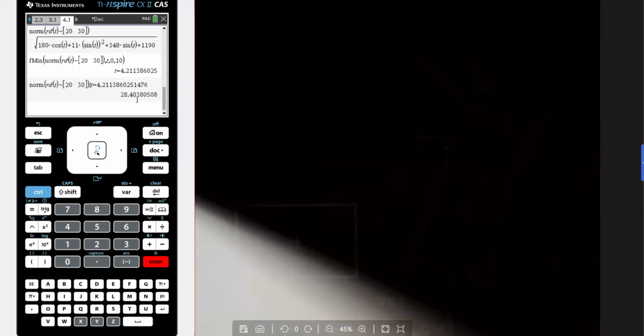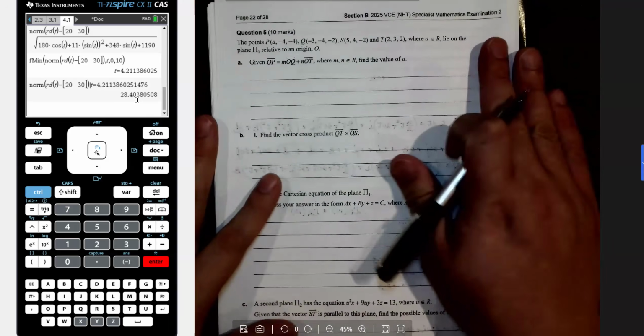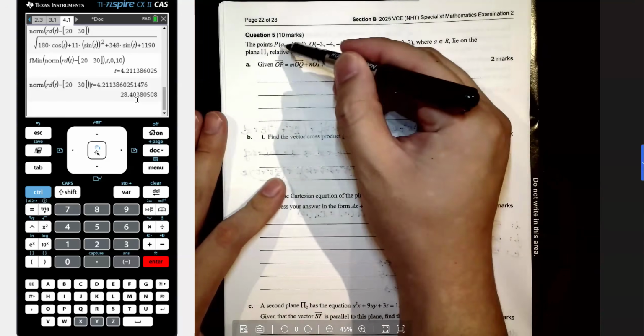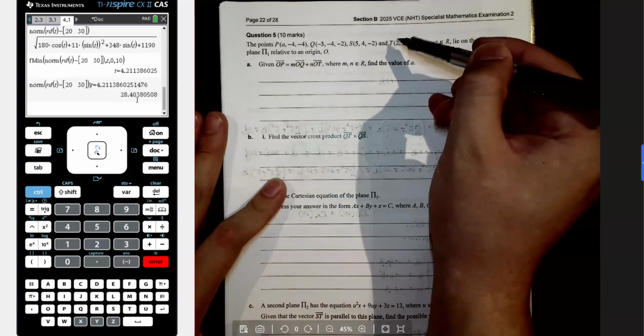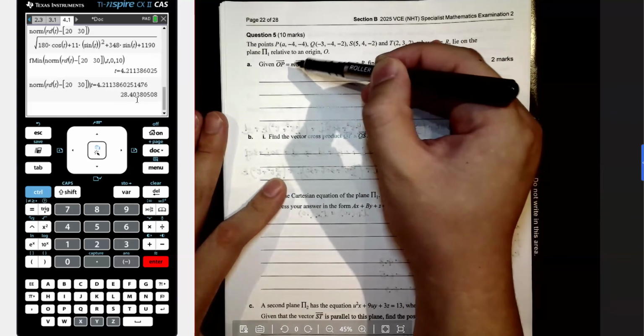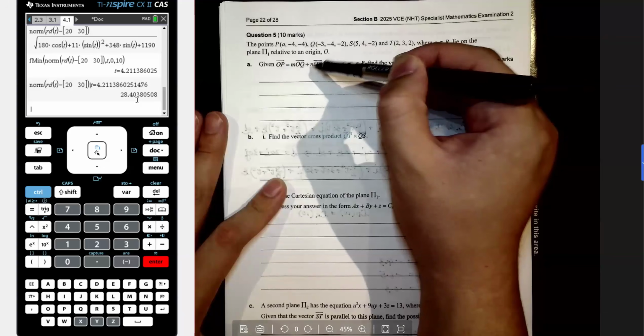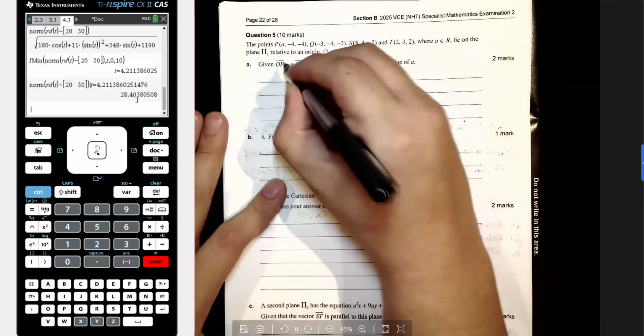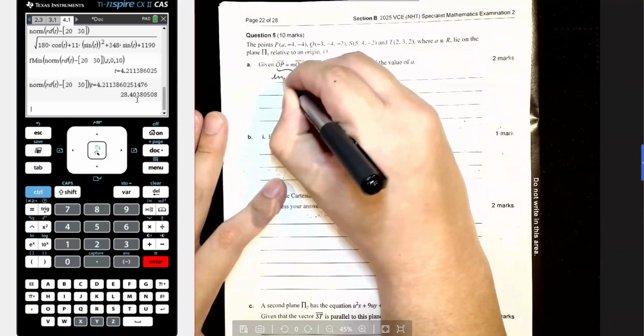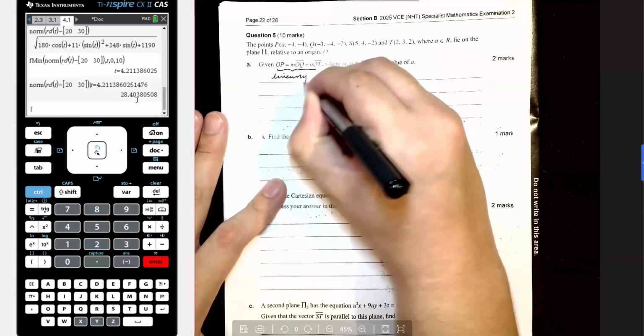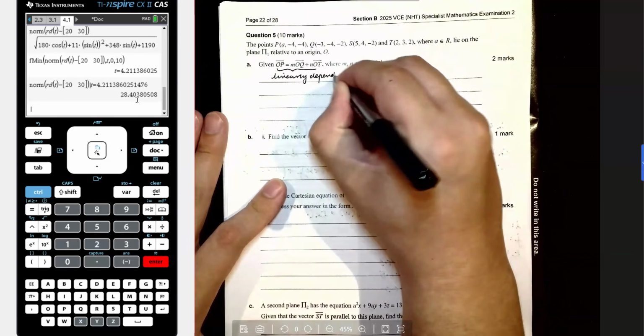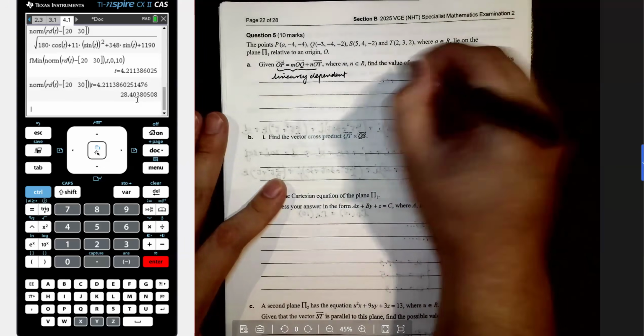All right. Question 5. You have PQST. Given that OP is m OQ plus n OT, so they are linearly dependent. Find the value of a.